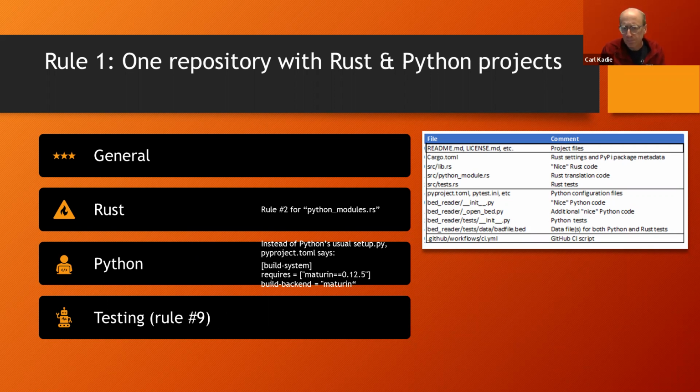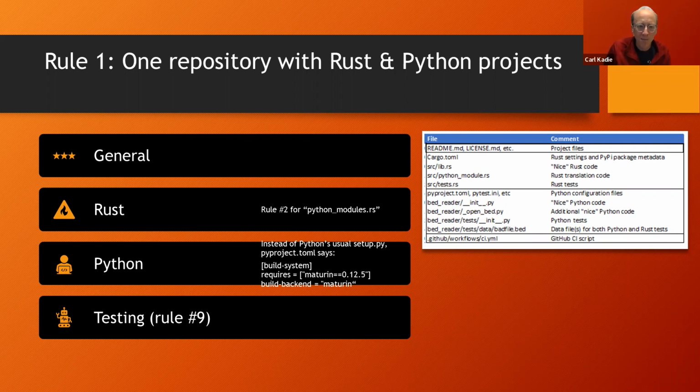The one thing about the Python files that's different is normally a Python project that's setting up to be a library would have something called setup.py that would give some metadata about the project, and would also, if there were extensions, have the command lines for calling, say, the C compiler. Because of some changes in Python packaging, we don't have to do that anymore.